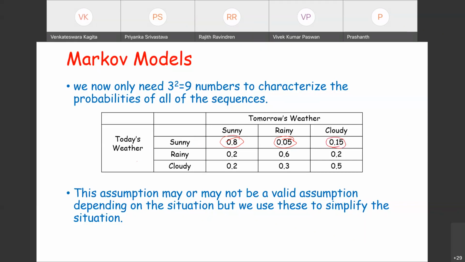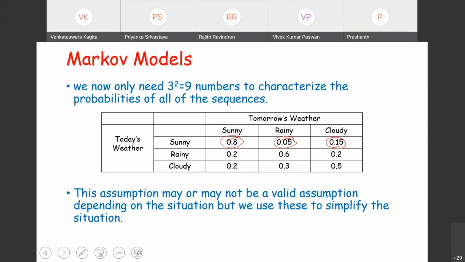Remember, this assumption may or may not be valid depending on the situation. But we use this assumption to simplify the situation. Whether it is valid or not, we use this to simplify. It depends on the situation or the application at hand. Most of the time it may not be valid, but we use this to simplify the situation.